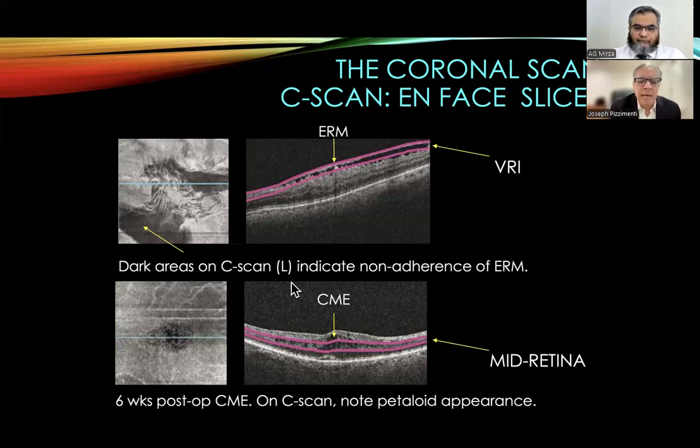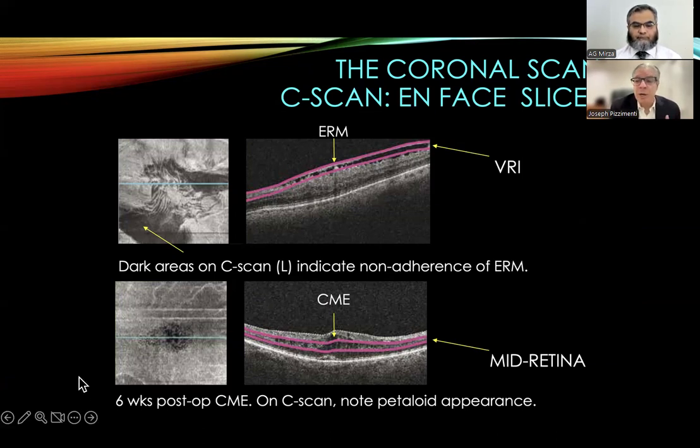And then below that, on another eye of a patient that is 6 weeks post-op, if we bring the cut a little bit further down, we can see in the mid-retina these cystic spaces. And so for conditions such as epiretinal membranes and cystoid macular edema, OCT has almost replaced fluorescein angiography.